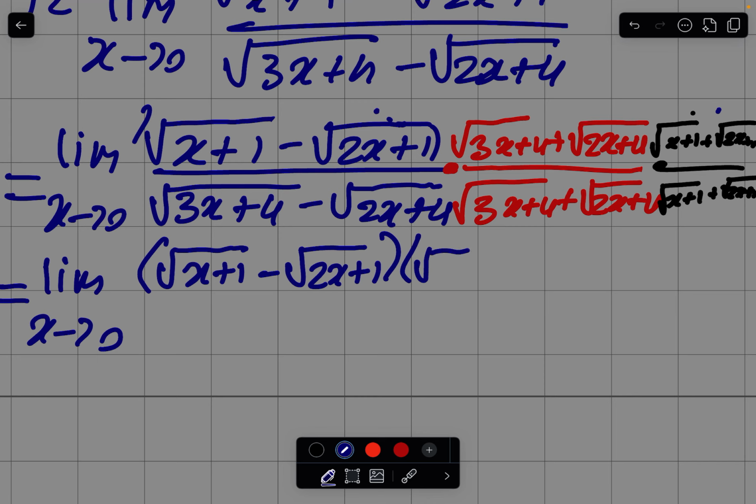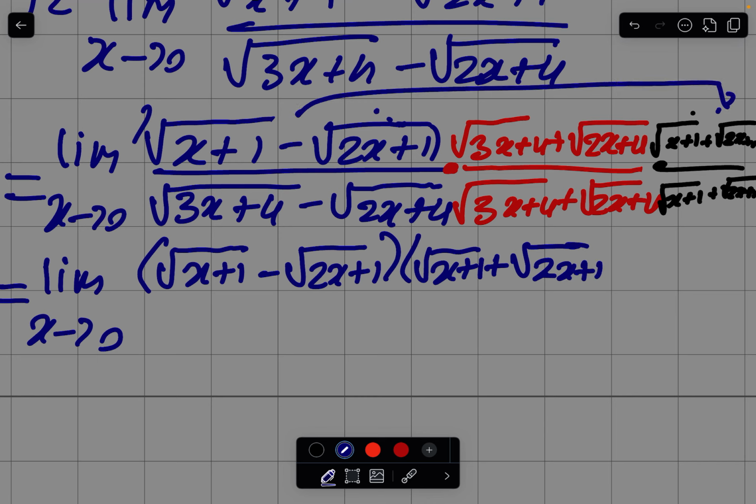Therefore, you take that thing off yours, which is square root of x plus 1 plus square root of 2x plus 1. You took this one and this one. Therefore, the remaining one is this one. Don't touch that one. It's not rationalized that side. It's rationalized in the denominator. So don't touch that one.